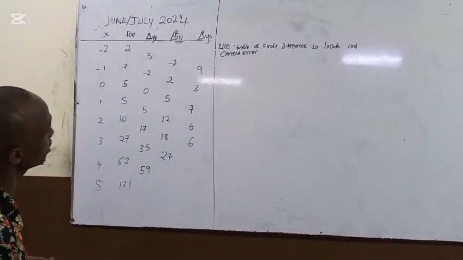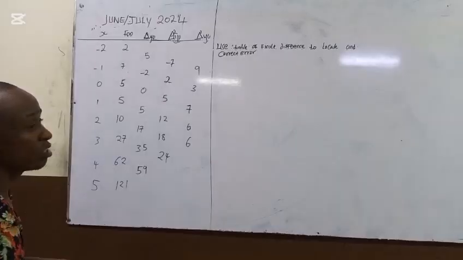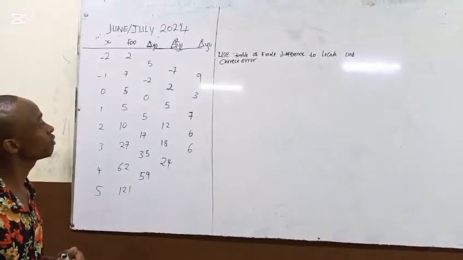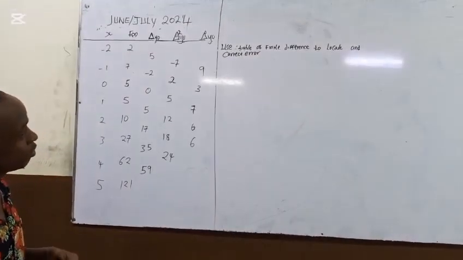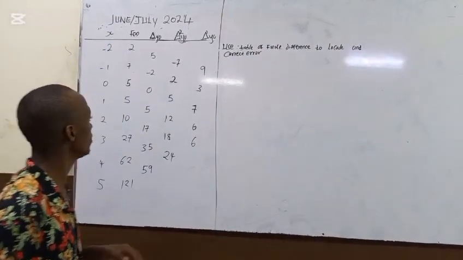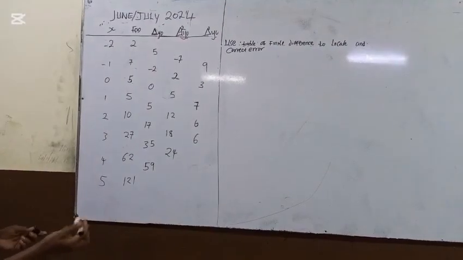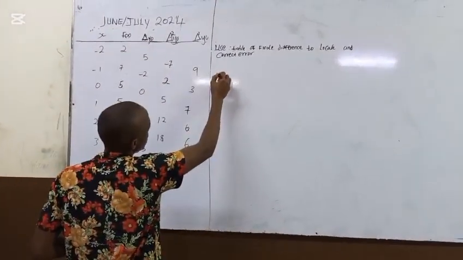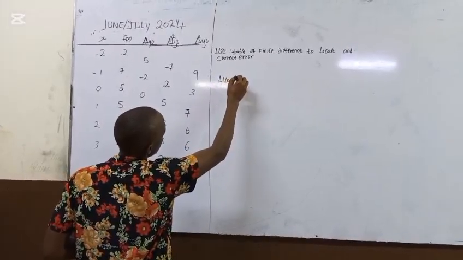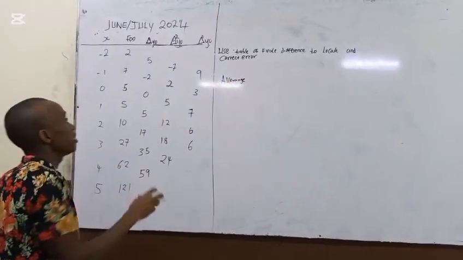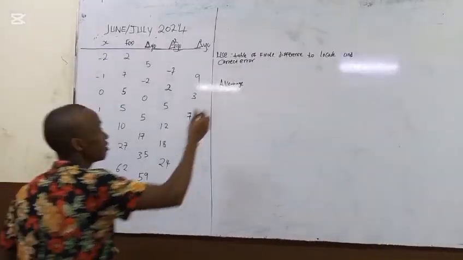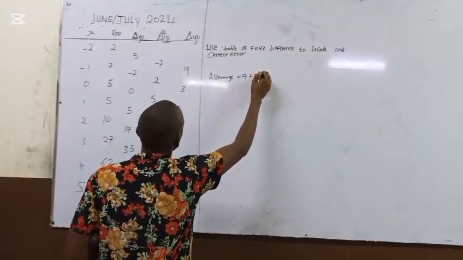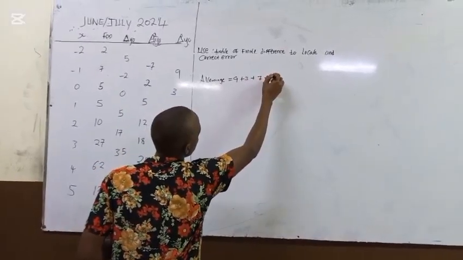Now we want to locate and correct the error. I would like to show you the simplest way, or the simplest formula, of how you can locate and correct your error. For us to locate the error, we have to find the average of the values under the third differences, which is 9 plus 3 plus 7 plus 6 plus 6.